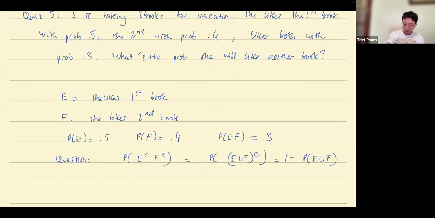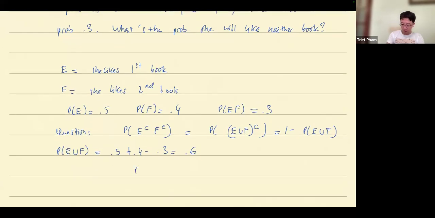And how do we do P of E union F? By the inclusion exclusion formula, which is 0.5 plus 0.4 minus 0.3, which is 0.6. So therefore, the answer is 0.4. There you go. Okay, any question?